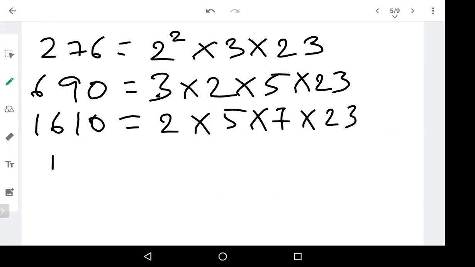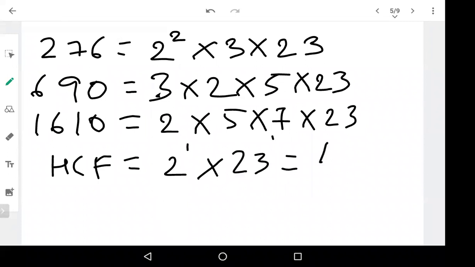So HCF is equal to 2 is common and the least power of 2 is 1. And then 3 is not common, 5 is not common, 7 is not common, 23 is common. 23 to the power 1, which will give us 46.